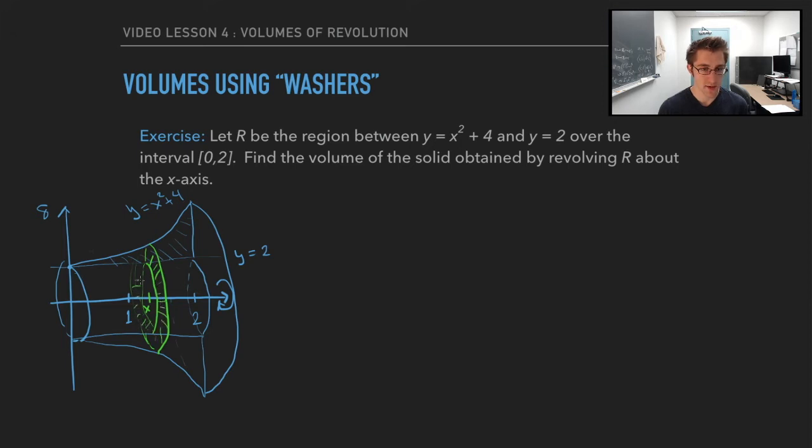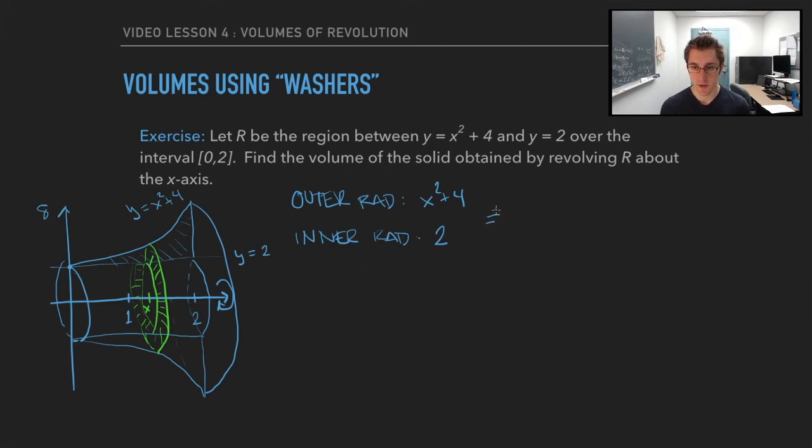Its outer radius is the function that's on top in my original picture, which is x squared plus 4, and the inner radius is 2. It's just this horizontal line, which is always, for every x, the inner radius is always 2.